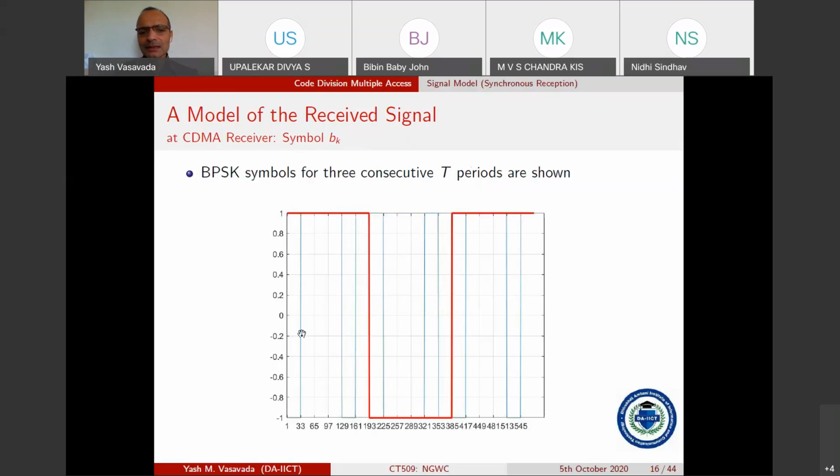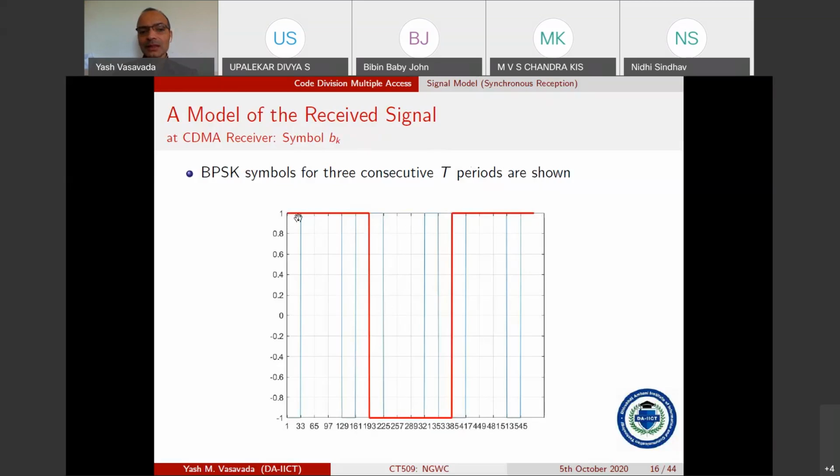In the first symbol, we are transmitting essentially Sk of t because Bk is 1. So when I multiply Sk with 1, it still remains Sk. In the second interval, I'm taking the Sk and just flipping the sign. It became the negative of the original Sk. And the third one is again back to the original Sk.